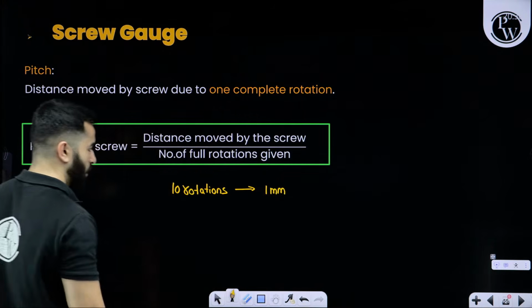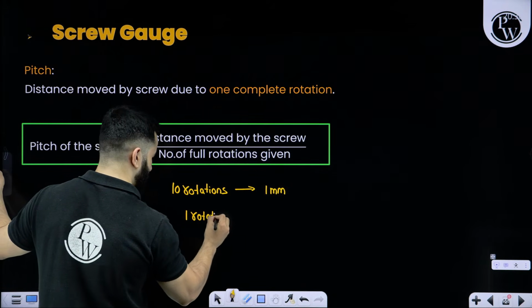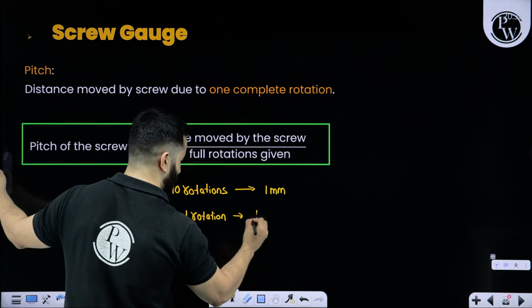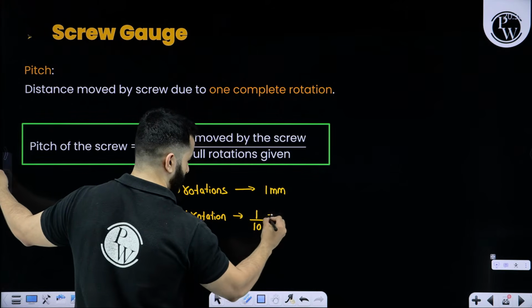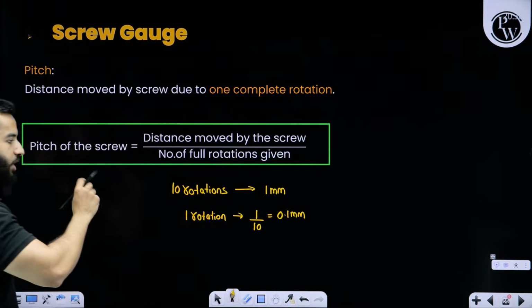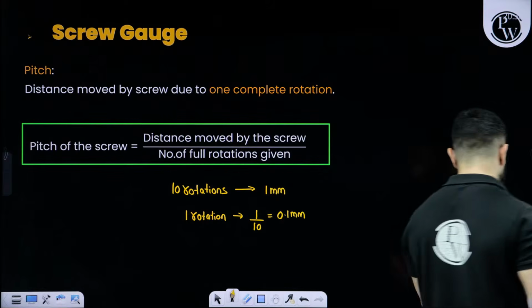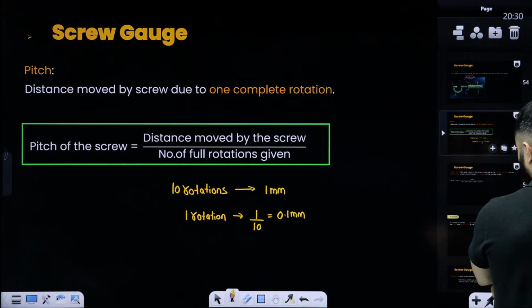So that means in one rotation, it moves by 1 by 10, that is 0.1 millimeter. Clear? In one rotation, it will move by 0.1 millimeter. I'll tell you why we are doing this after calculating the least count.